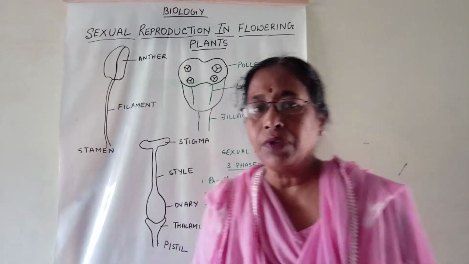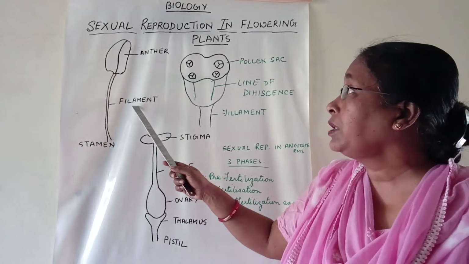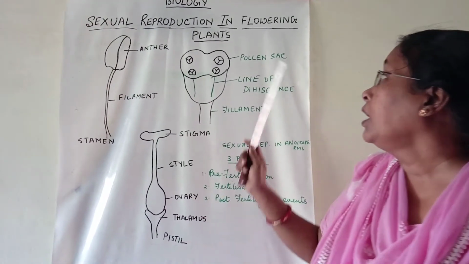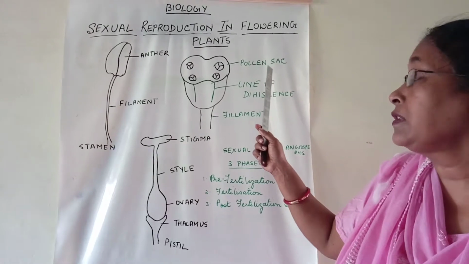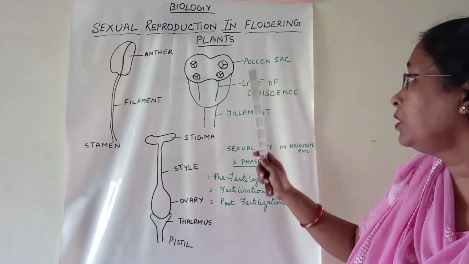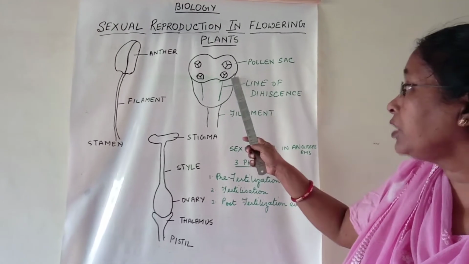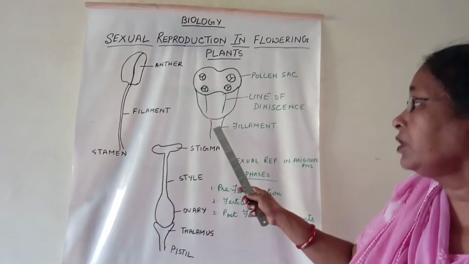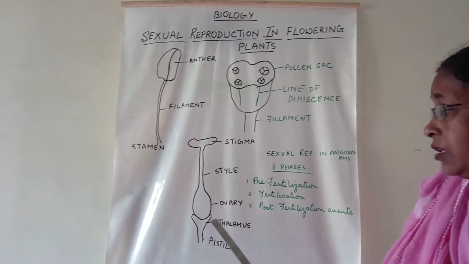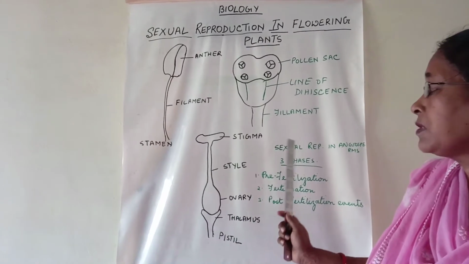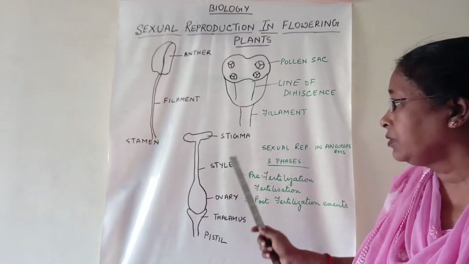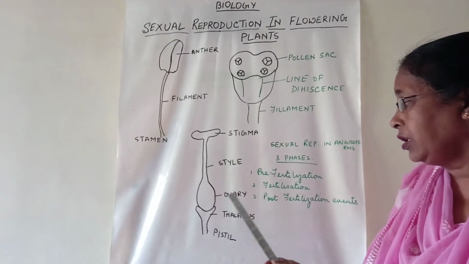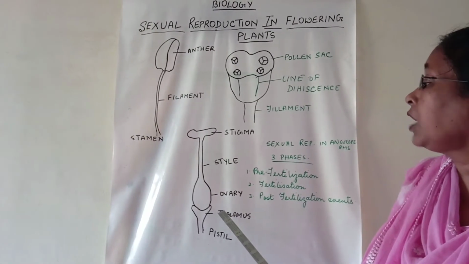The androecium consists of a filament and anther. If you see the CS of anther, it has got a pollen sac and a line of dehiscence, and the filament. The gynoecium or the pistil is made up of stigma, the style, and the ovary. It also consists of the thalamus.